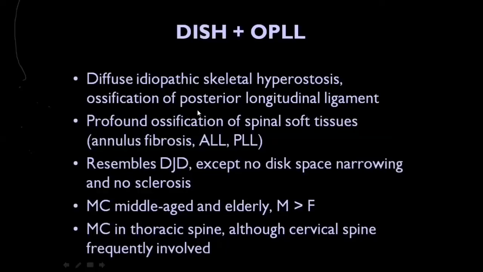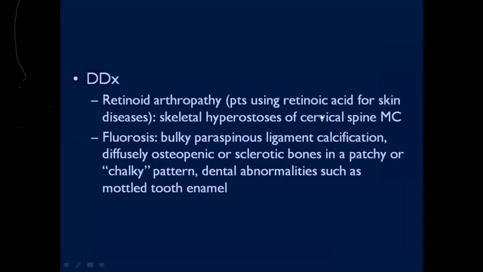DISH, you see it like the calcification or ossification of the anterior longitudinal ligament, diffuse idiopathic skeletal hyperostosis, okay? Ossification of the posterior longitudinal ligament. They like it in the exams, but not as frequently as ankylosing. Ankylosing is more famous. It happens in the thoracic spine, although the cervical spine is also included. OPLL, ossification of the posterior longitudinal ligament, is also one of the differentials.